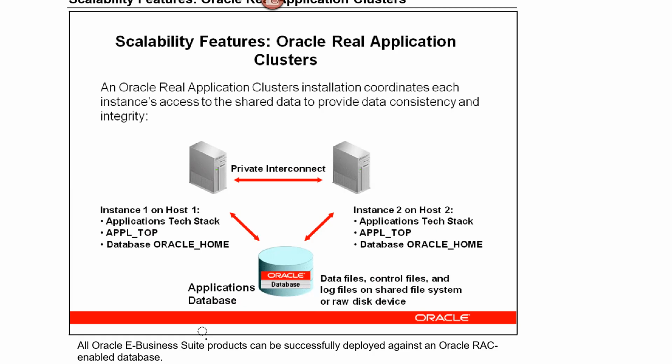Working on ExaCS is much easier compared to Exadata, because on Exadata you also need to take care of the storage administration. But once it comes to the cloud, the entire storage part is taken care of by the Oracle people. They don't give the storage to you, so that way you are safe.